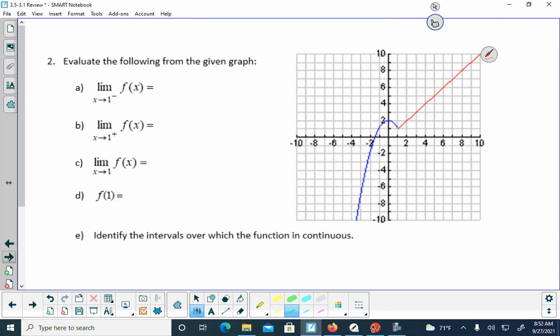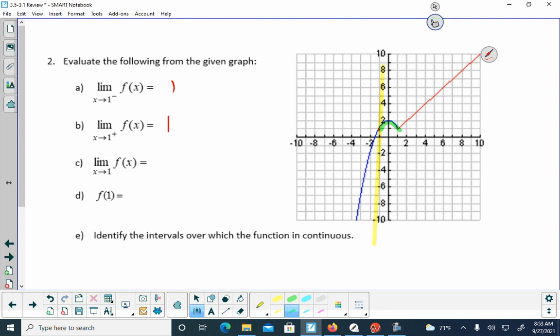Evaluate the following. So now I'm approaching x equal to 1. So I'm going to draw a line at 1. And as I approach, the limit as x approaches 1 from both the left and the right appears to be 1. Then the limit as x approaches 1 from the right, well, this is coming from this direction, which is this guy, that's still going to be 1.